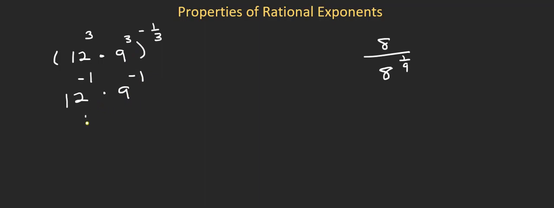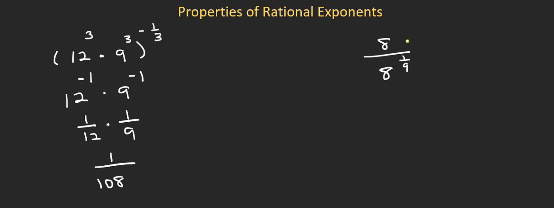So what is this? This is 1 over 12 times 1 over 9, which is 1 over 108.